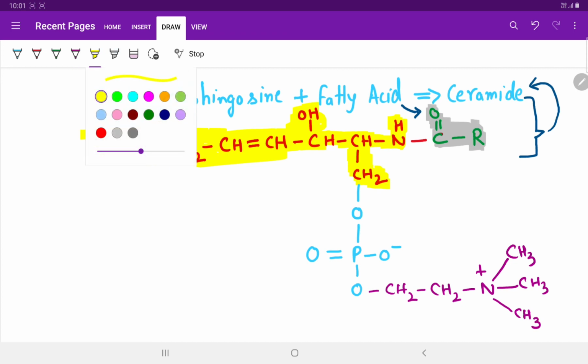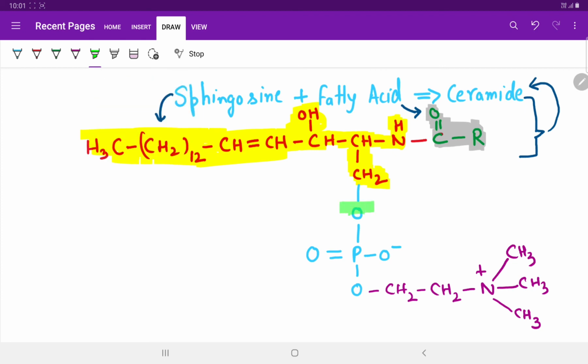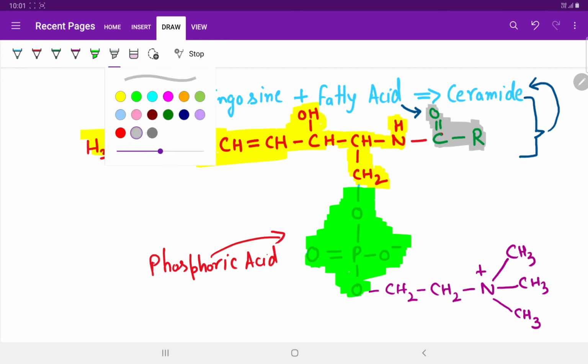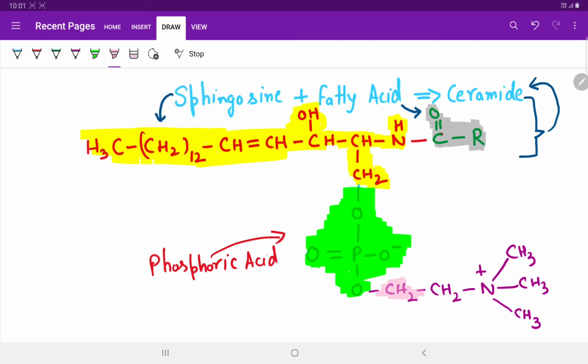Let's again highlight the areas. This green highlighted portion is for our phosphate group or phosphoric acid. And this highlighted pink color is for our molecule of choline.